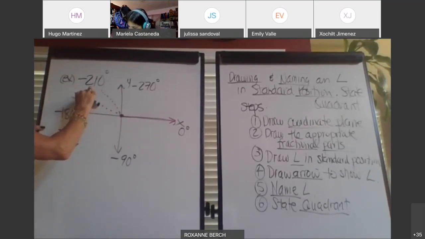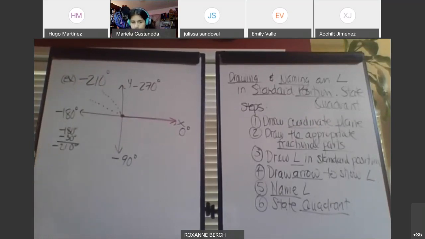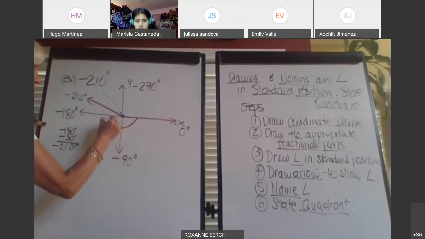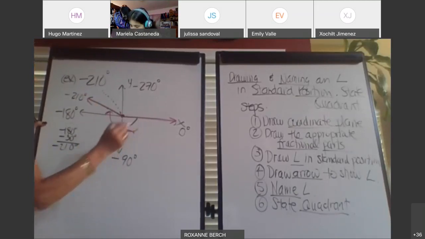This would be negative 240 and negative 270. So you're seeing how I'm getting these parts. So what I want is this negative 210. So that's going to be my terminal side. And I'm going to show the rotation with an arrow, and I'm going to name it alpha.